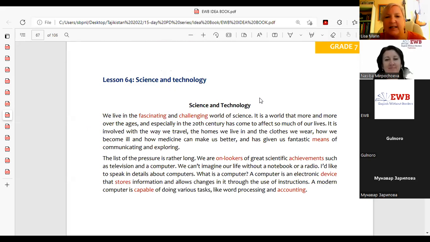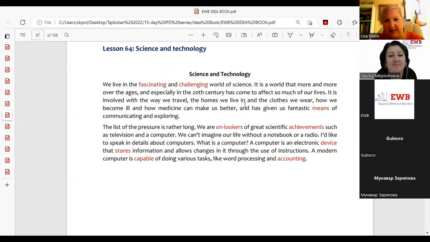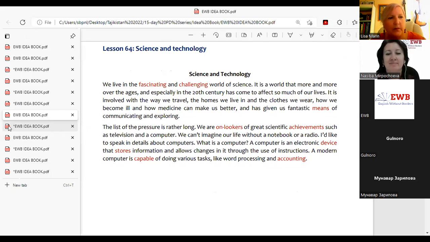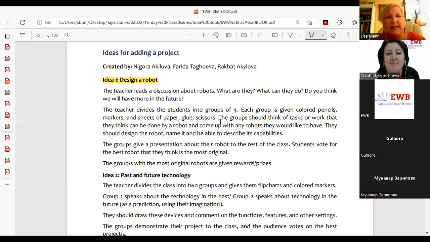So grade 7 has a text called Science and Technology. These red words are the words that we thought should be pre-taught, that the students would find challenging and maybe would need some help with. In the Science and Technology project, these wonderful teachers had this idea to design a robot.